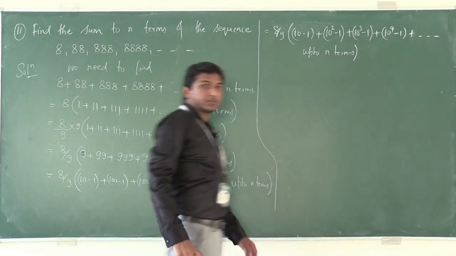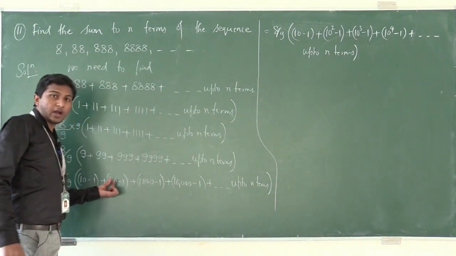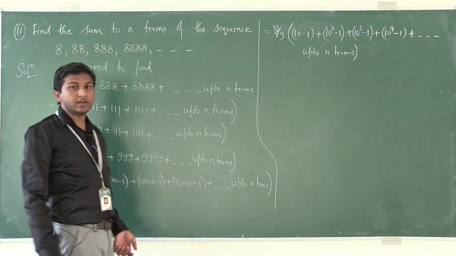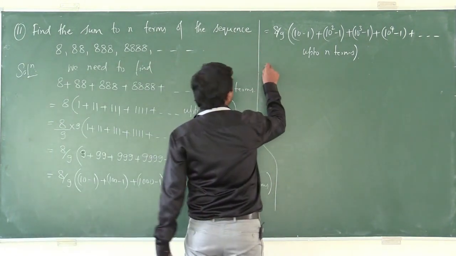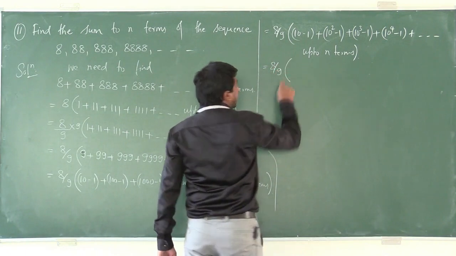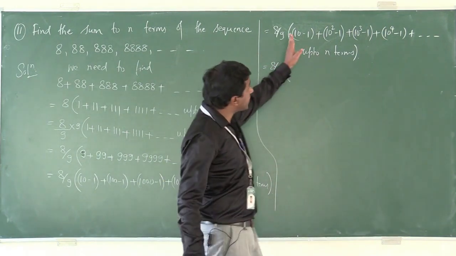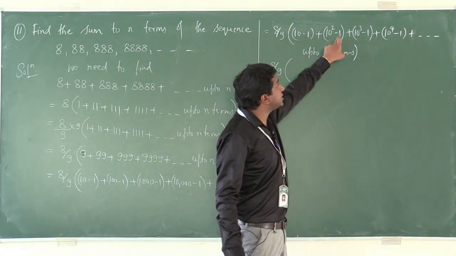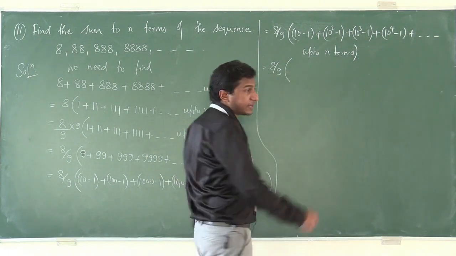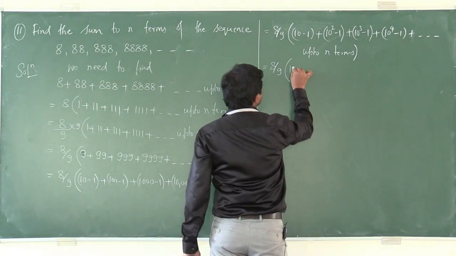So I have just written 10, 100, 1000, 10,000 in powers of 10. Now 8 by 9 as it is, I will write the powers of 10 to one side and minus 1 separately.